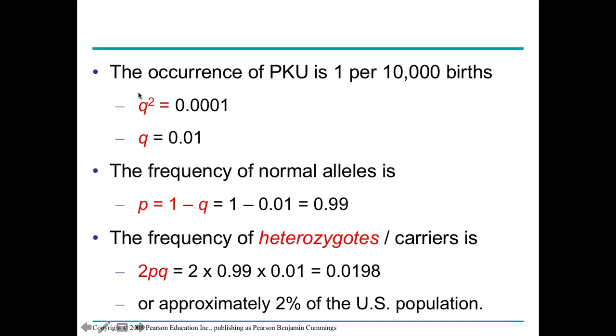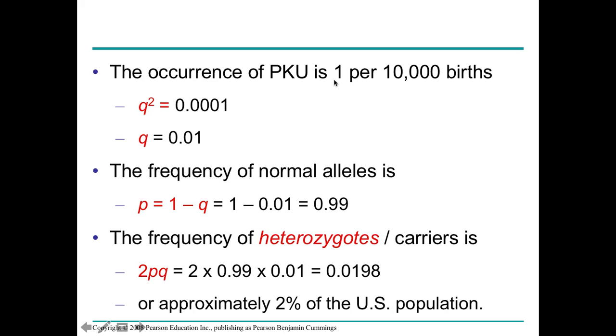The occurrence of PKU is 1 per 10,000 births. So our q², which we talked about was the homozygous, equals 0.0001. And then if you want to take away the squared part, we take the square root, and q equals 0.01.